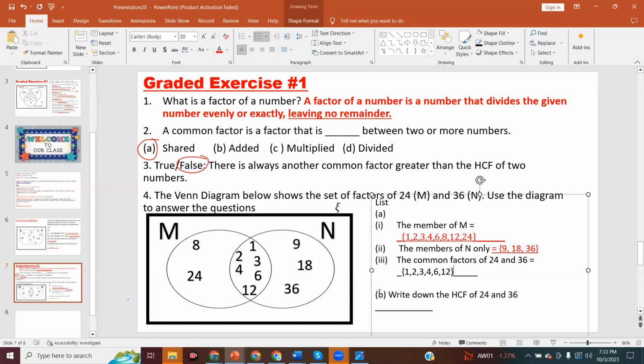Very good. All right, and finally, write down the highest common factor of 24 and 36. 12. And then we want 12.